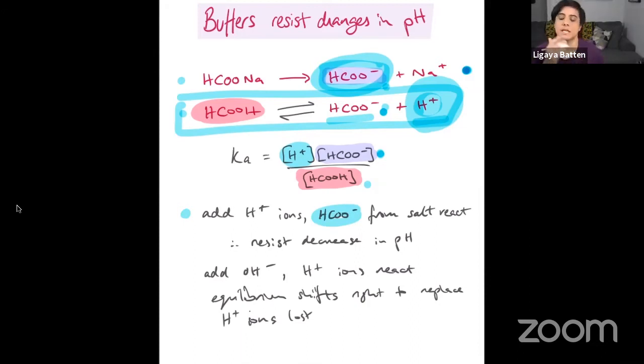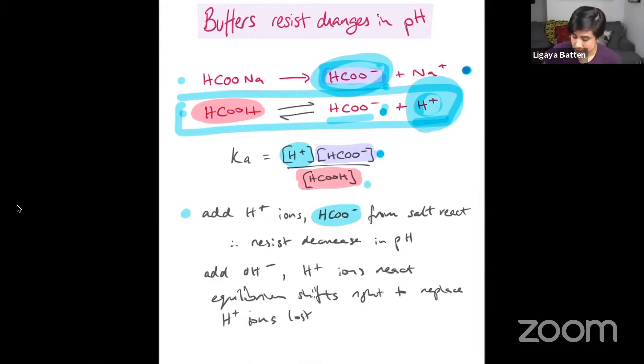Of course, if you just keep adding more and more acid, then eventually your A minus ions are going to run out, and obviously eventually the pH will change. That's why we say that it resists the change in pH rather than prevents or stops the change in pH.